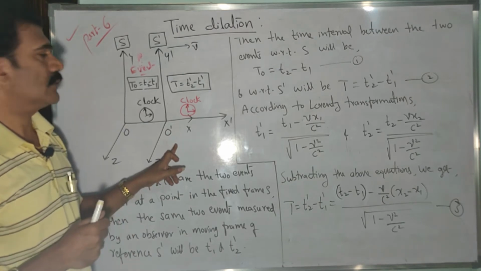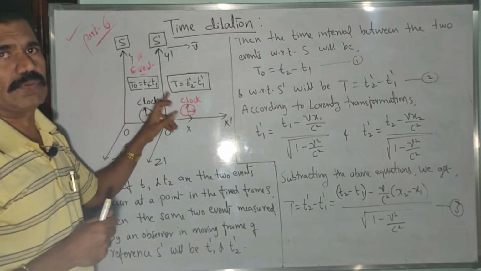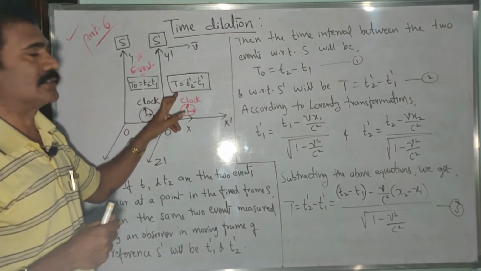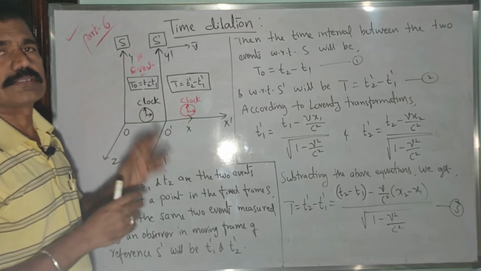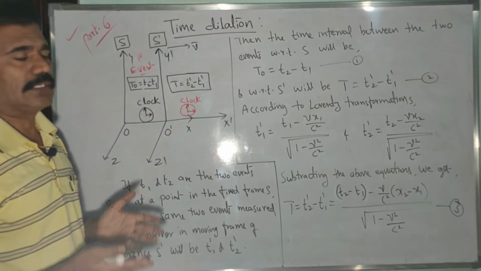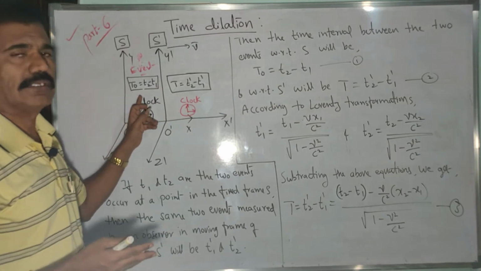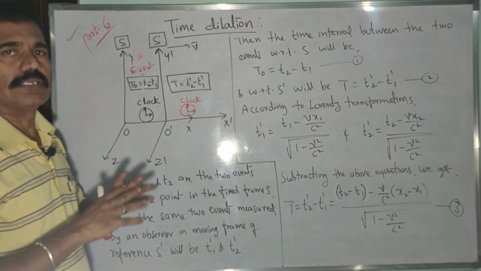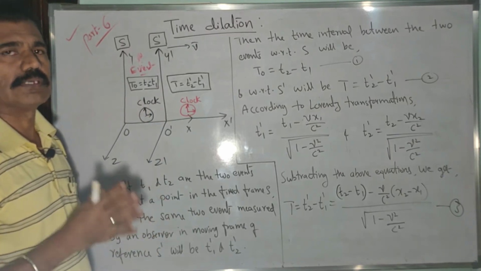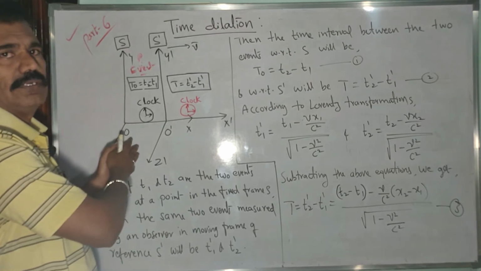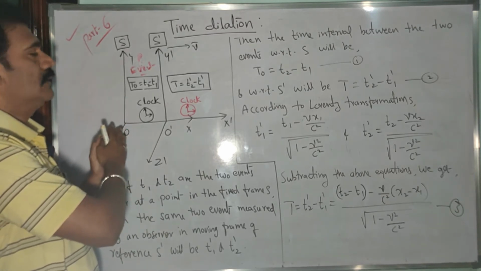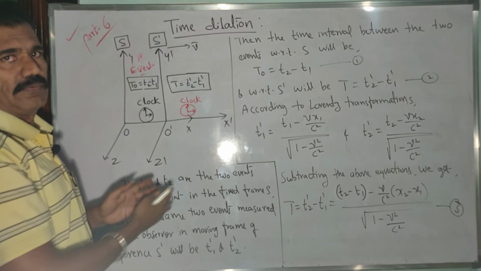Now the question is whether these two time gaps, T and T0, measured by the two frames of reference, are the same or not. If T is equal to T0, then there is no difference between the time interval measured by the fixed frame of reference and the same interval measured by the moving frame of reference.